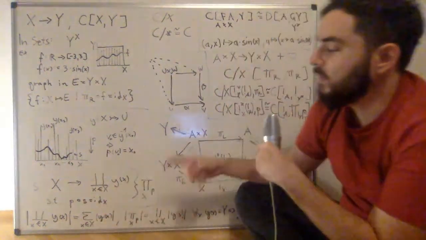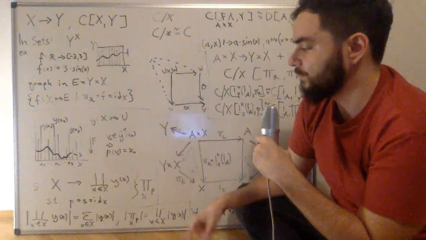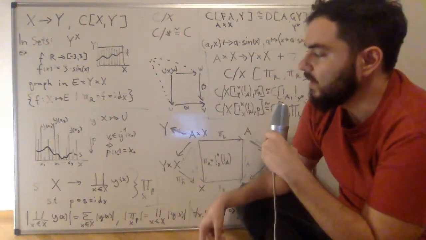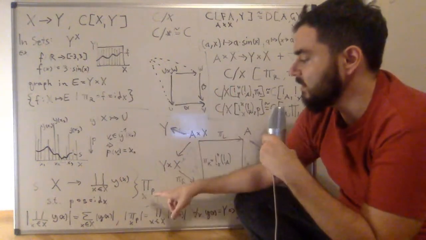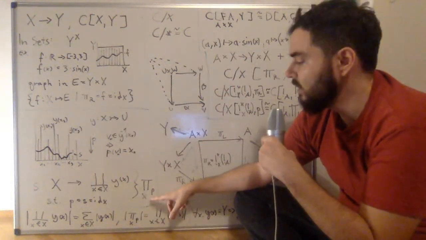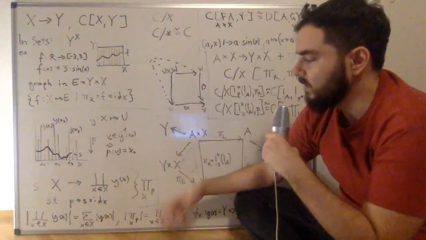So p concatenated with s, or s concatenated with p, should be the identity. So this is a way to characterize this sort of function space, right? And this function space is going to be the dependent function type, the dependent product.